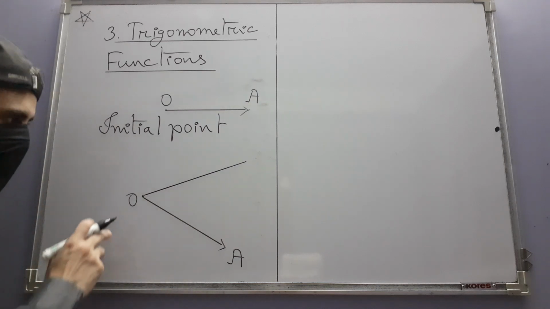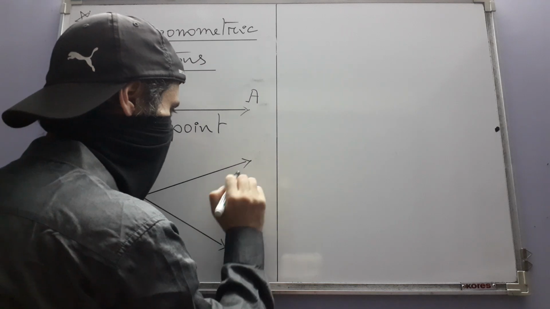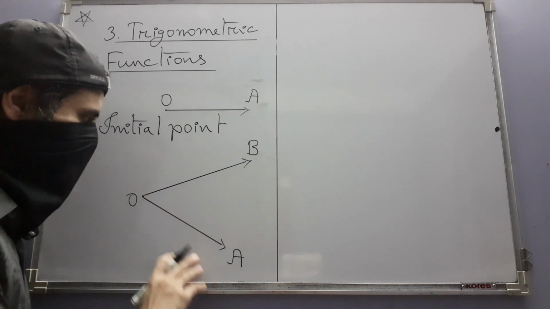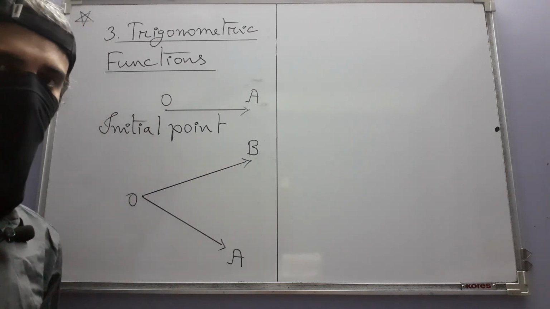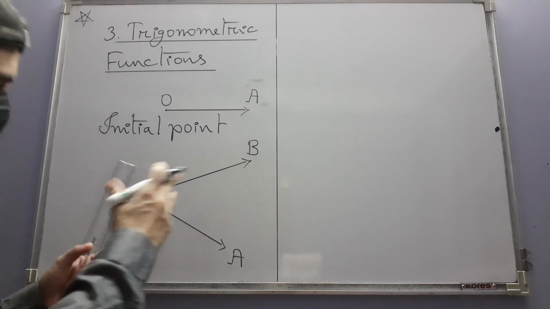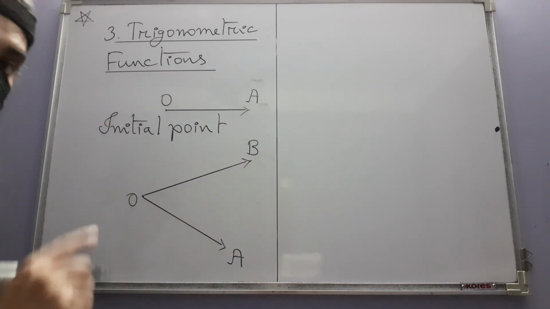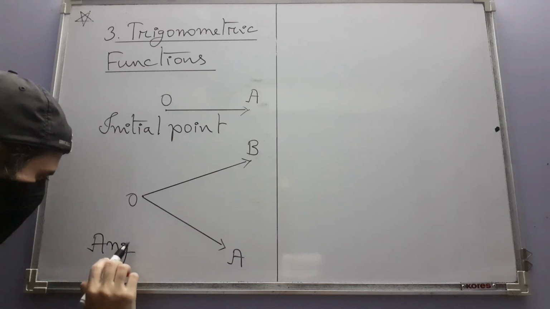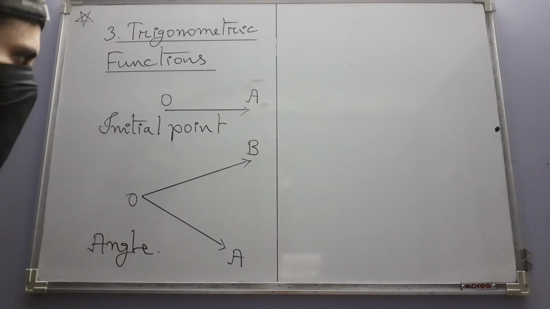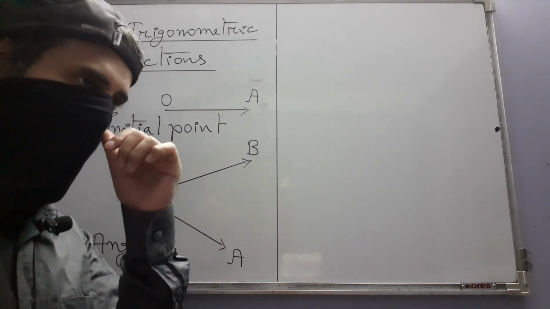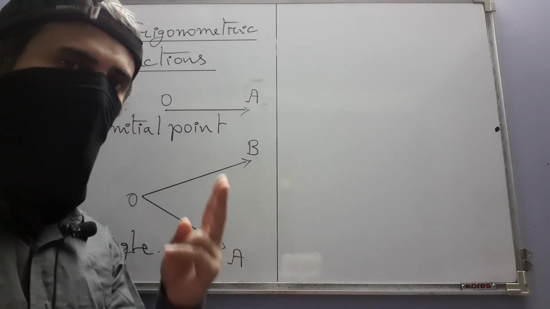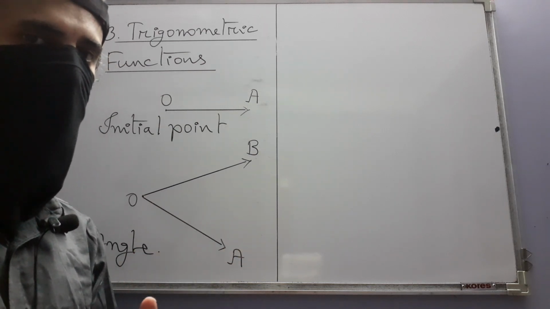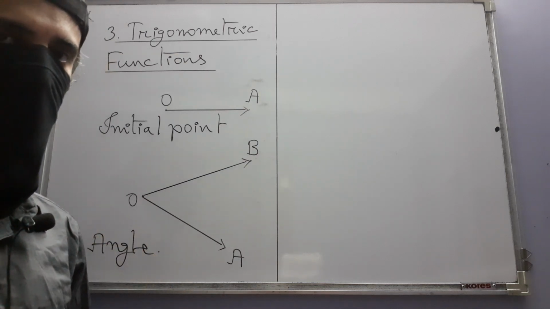That is one of the cases, but in general you have it like this. Say this is OB. So the rays OA and OB have the same initial point O. When that happens, this figure is called an angle. The figure itself is called an angle. So the definition of an angle is just this, that an angle is the figure formed by two rays having the same initial point.